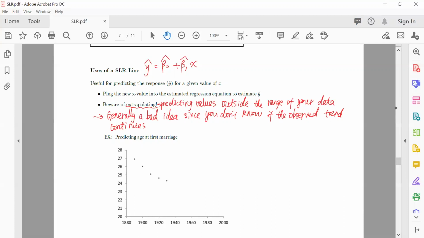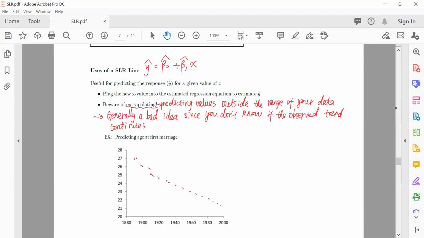Now, this is the trend of the data that we've observed based on the values we collected. If we want to predict what you think the average age women first get married at in the year 2000, and you are using an x outside the range, then you may think the pattern of the data may be like this, right?